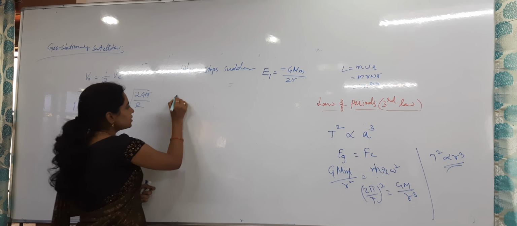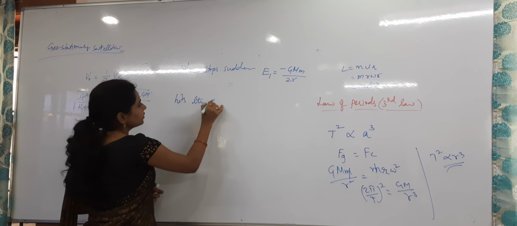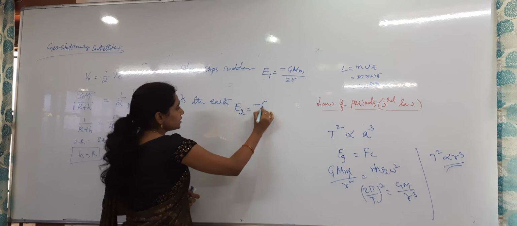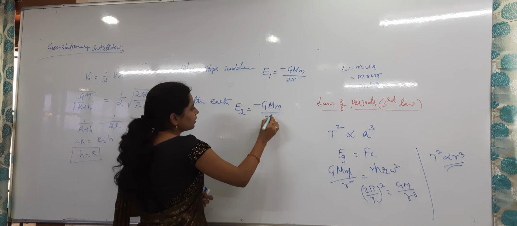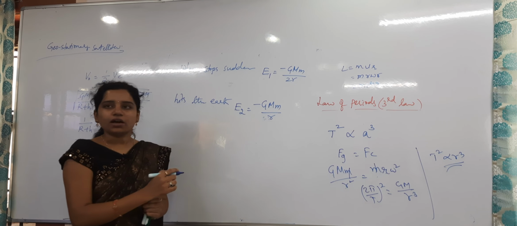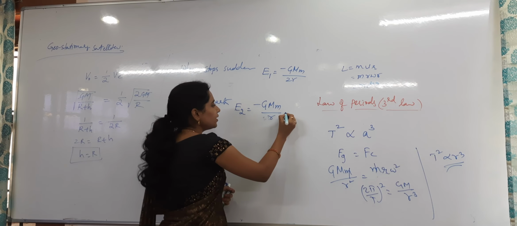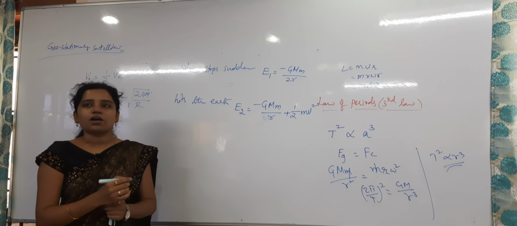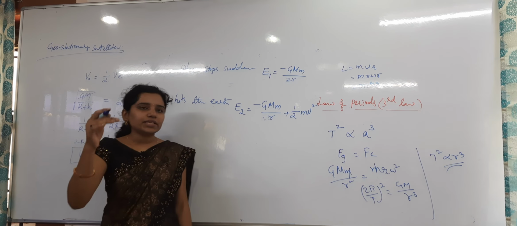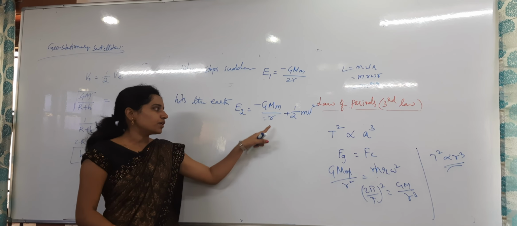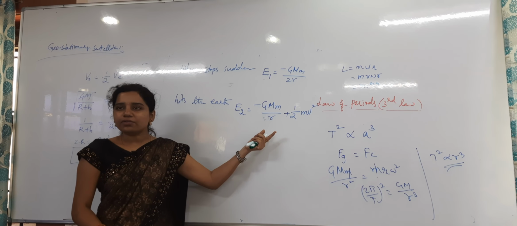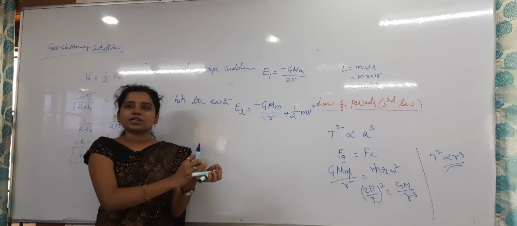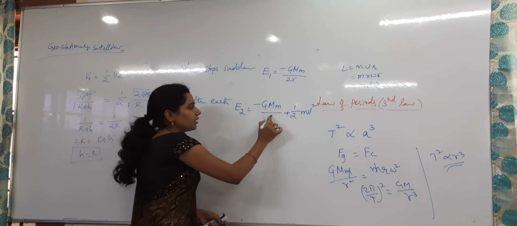So when it hits the earth, at that time the total energy E2 is equal to the gravitational potential energy on the surface of the earth, minus GMm by R, plus the kinetic energy, half m v square. Whenever it is hitting the ground, what is the distance between the center and the surface? Capital R only.